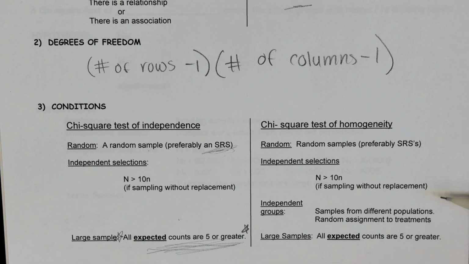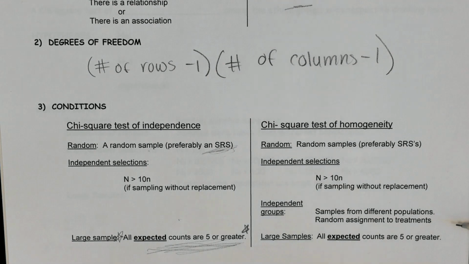But you may have two populations, like students who play sports and students who are in the spring musical. Those could overlap, because I could play field hockey in the fall but also be in the spring musical. So those aren't independent. You need to make sure that these two things are actually independent of each other.